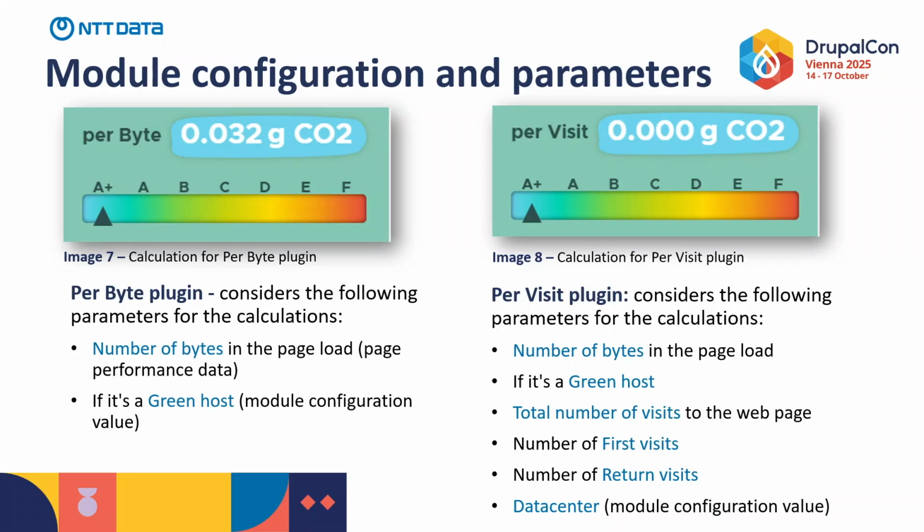On the other hand, for the per visits plugin, we also take this information into consideration, but additionally, we also consider the data center location, because this is important in terms of carbon emissions, and also the medium of the visits of the web page. And this medium takes into consideration the total number of visits to that page, the return visits, and the first visits. When we combine this information, then we can get the calculations of the carbon emissions.